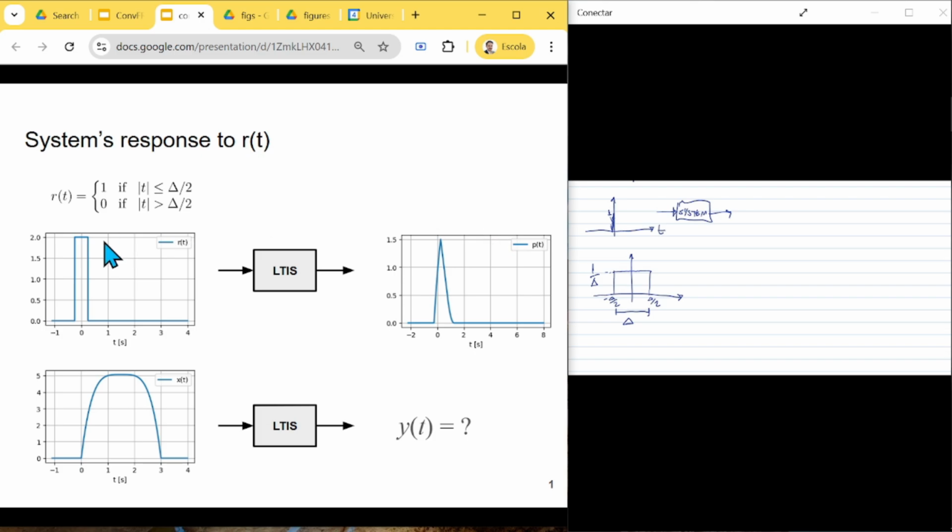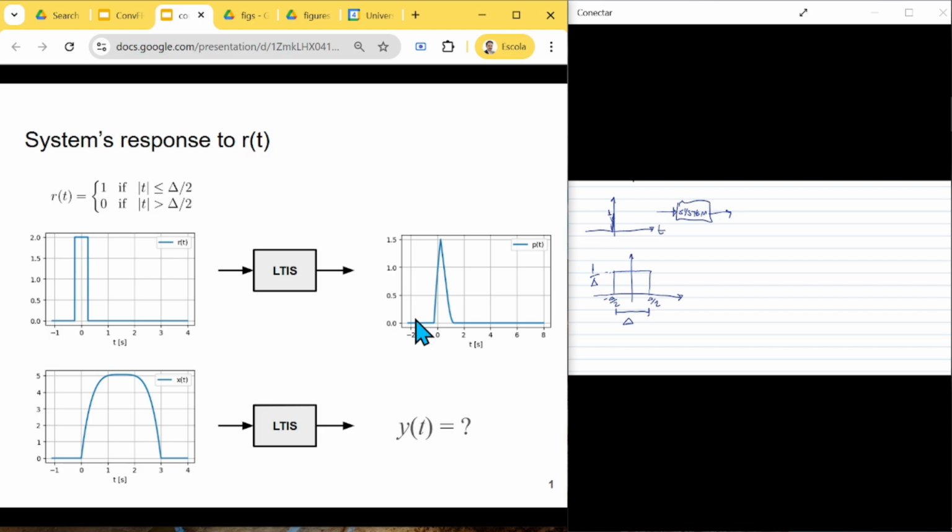It's the response to our r of t. Here in this example, delta equals 0.5. So the non-zero part here starts at minus 0.25, goes up to plus 0.25, and the amplitude is 2 because it's 1 over 0.5. If I have this input, I have this output.